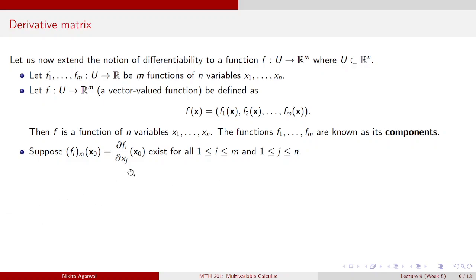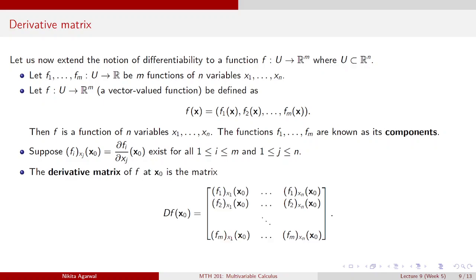Suppose all these partial derivatives exist at a given point x naught in U. Then you can define what is called the derivative matrix of the function at the given point, and it is not difficult to remember. Its size is m cross n. So m is the dimension of the range, that is the number of components, and n is the dimension of the domain.